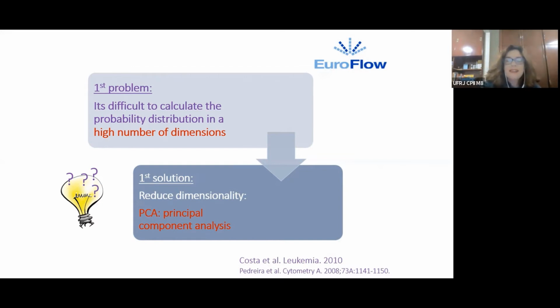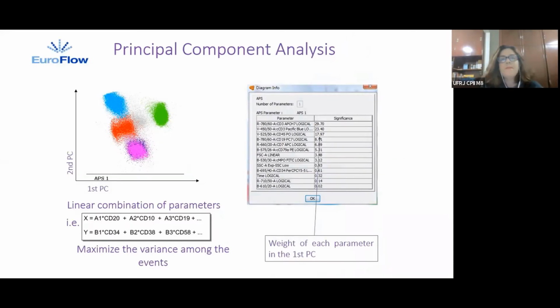a technique named principal component analysis, which is widely used in other biological problems, such as microarray studies. Principal component analysis is a linear combination of parameters.